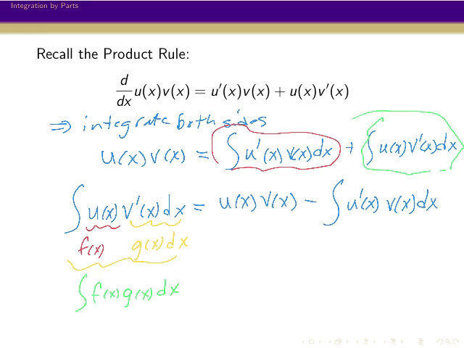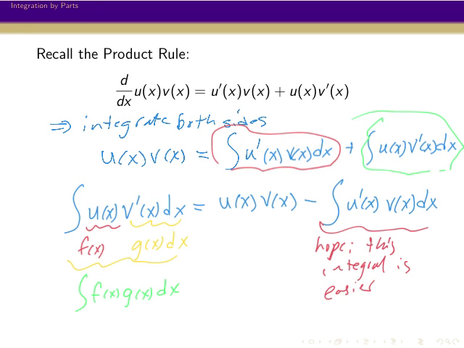And the hope is that while we do get the u of x v of x, we also get another integral that is easier to deal with than the original. We want that extra integral at the end to be less of a hassle than what we started off with. And if that's true, then this has worked.